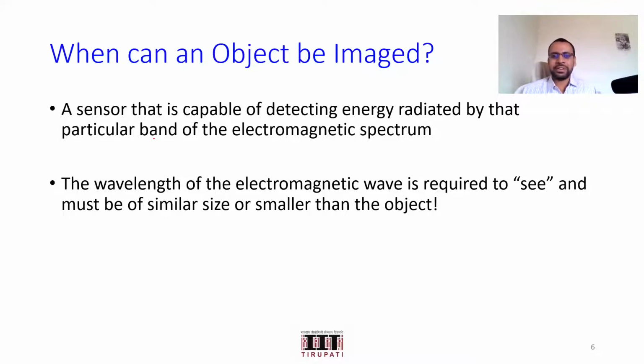First thing, you should have a sensor that is capable of detecting energy radiated by that particular band of the electromagnetic spectrum. We can see visible light. If you have seen X-ray imaging, I'm sure you all have had X-rays sometime, chest X-ray or some other form.